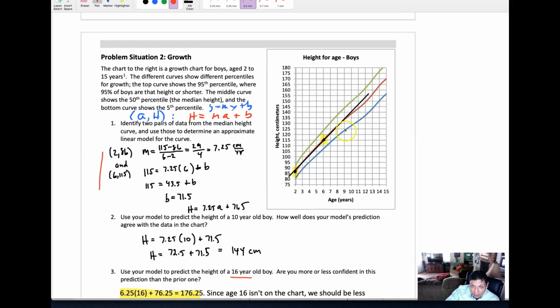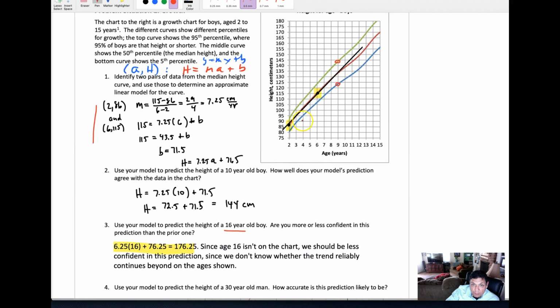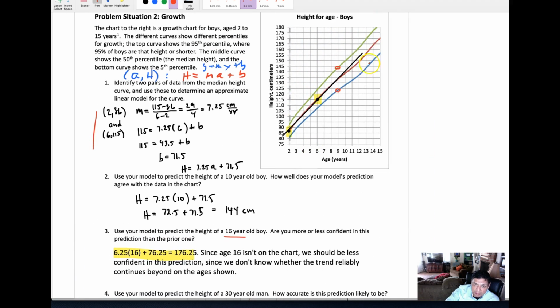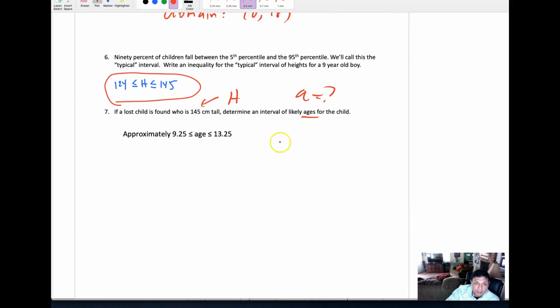When we look here at 9-year-old, you can see the values from here to here. That's where those numbers come from, about 124 to 145. That's the 5th percentile and the 95th percentile, kind of where all the boys are in between. This line is the average or the median value.